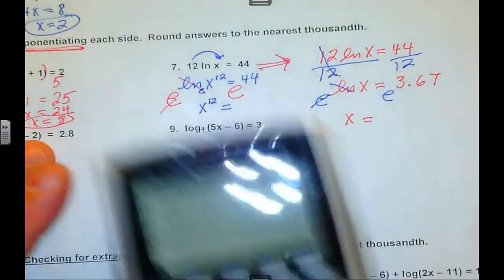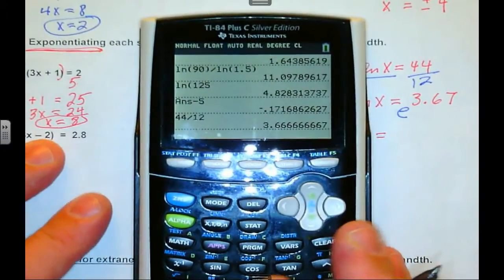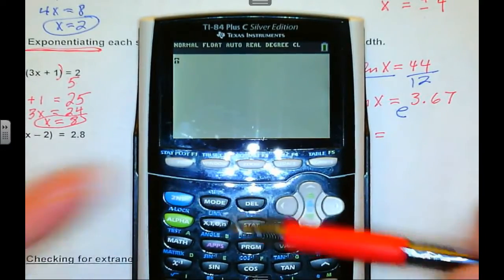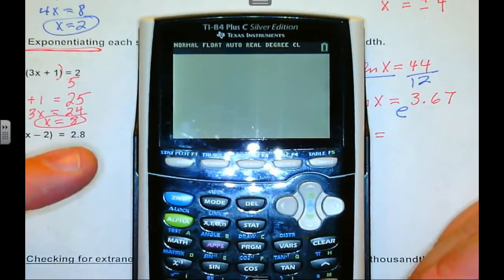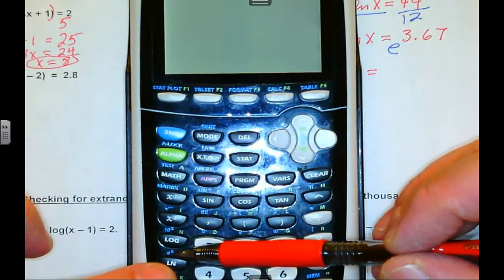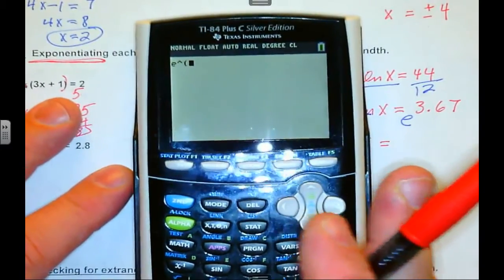Now, you have an e raised to a number. So hit the second button and the natural log key. See how on my natural log key, I have e to the x. Hit that, and it brings it up on my calculator.